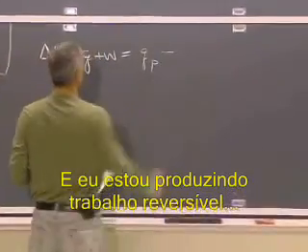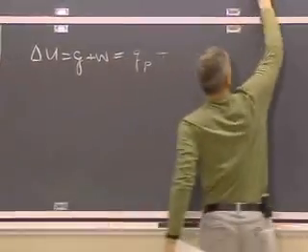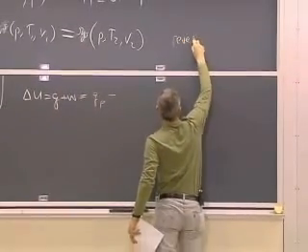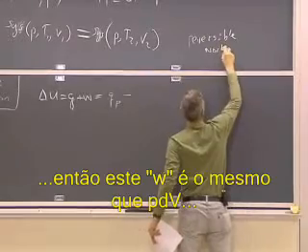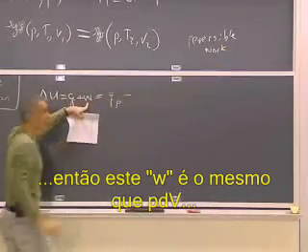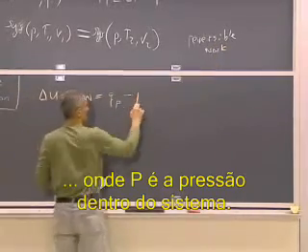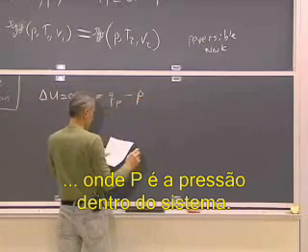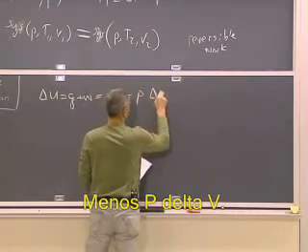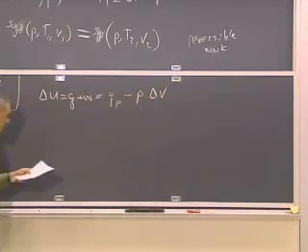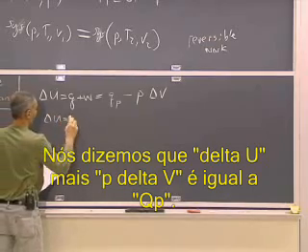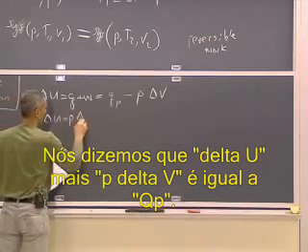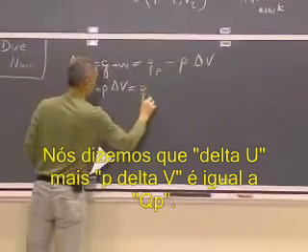And I'm doing reversible work so that W is minus P dV, where P is the pressure inside the system, minus P delta V. Right? Rearrange that. Delta U plus P delta V is equal to QP.